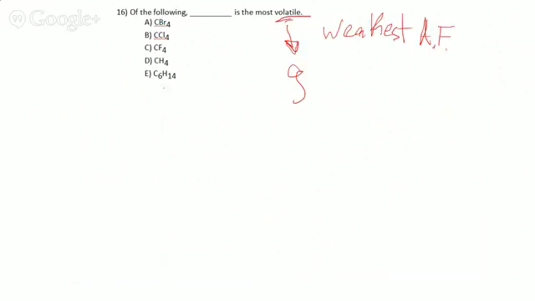So again, we have a bunch of examples here where they're all nonpolar molecules, so they're all London dispersion. So if we want the most volatile, we want the lightest. So which one of those things is the lightest? CH4 is the lightest one there, so it would have the weakest attractive forces and would therefore be the most volatile.